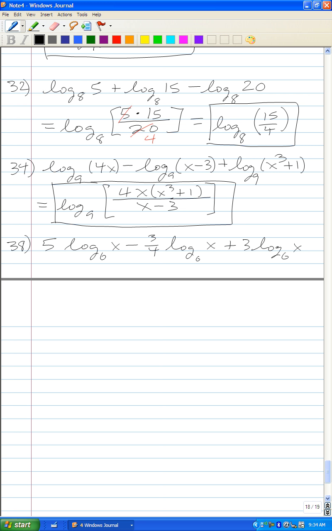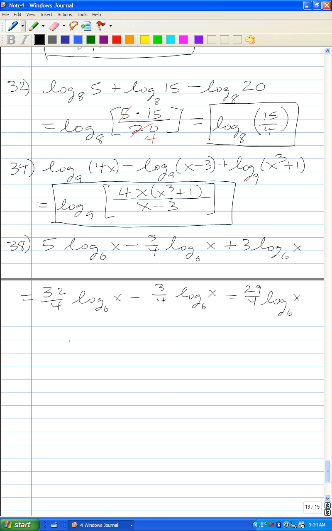So I have 5 of them plus 3 of them is 8 of them, which I can write as 32 over 4 minus 3/4 of them, which gives you 32 over 4 of these objects minus 3 over 4 is 29 over 4 of these log base 6 of x's.